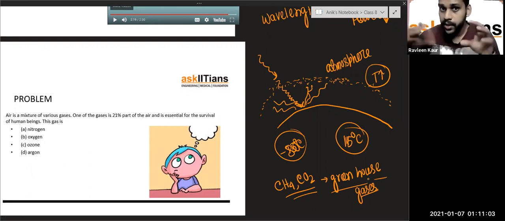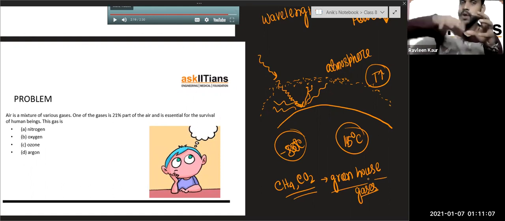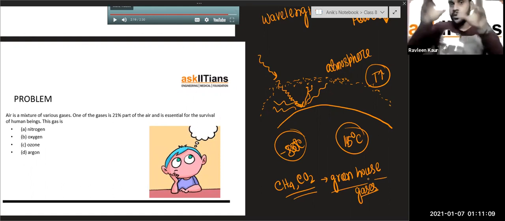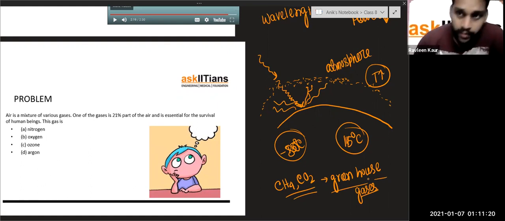Okay. As a result, what is happening? The temperature which is falling onto the earth is not being able to go out because in the atmosphere there are greenhouse gases. So they are entrapping the whole thing. They are not letting the temperature go out of the surface. As a result, the earth is cooler than it should be.